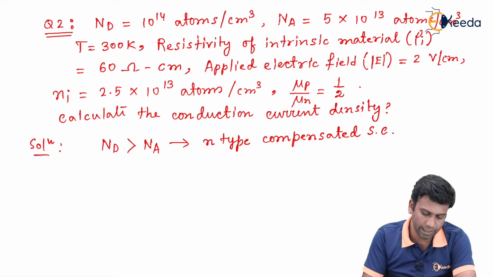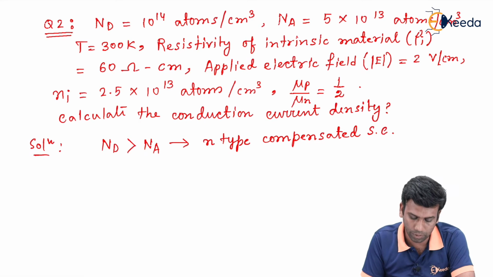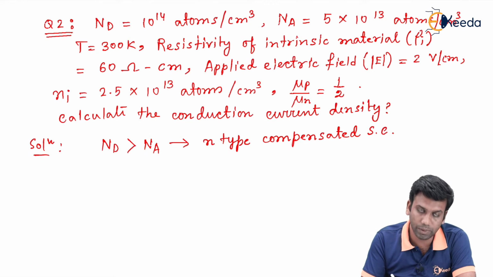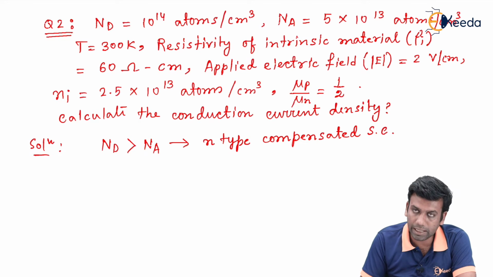Also the Ni value is given by 2.5 into 10 to the power 13 atoms per centimeter cube, and the ratio of the mobility of holes and electrons is given as mu p by mu n equals 1 by 2, and we have to calculate the conduction current density.